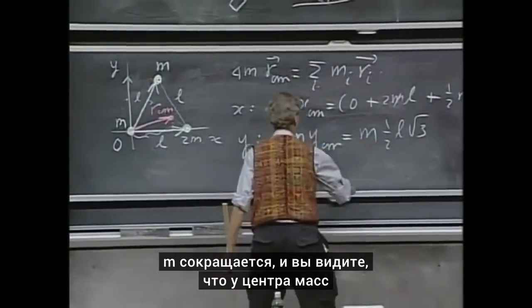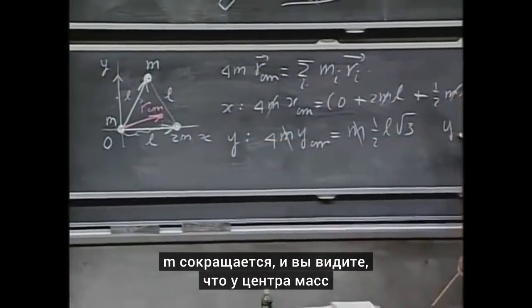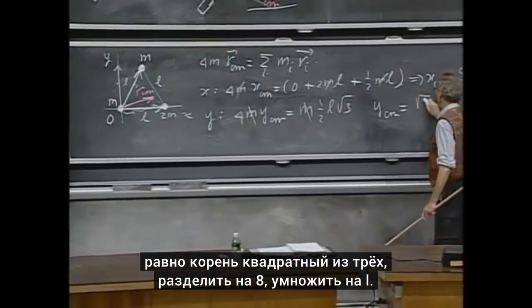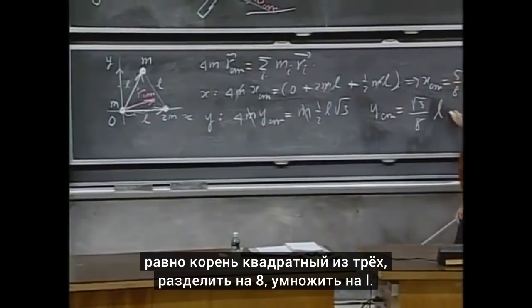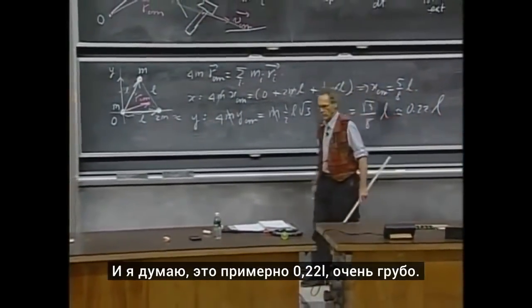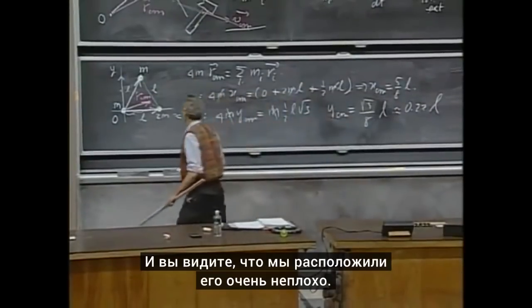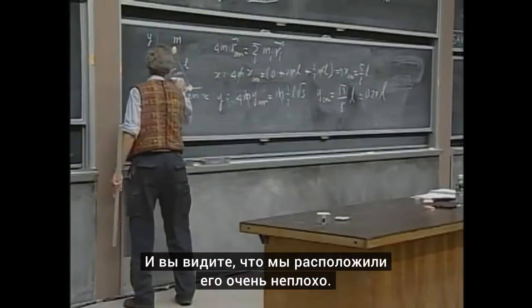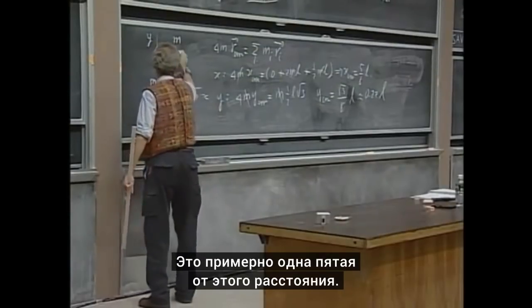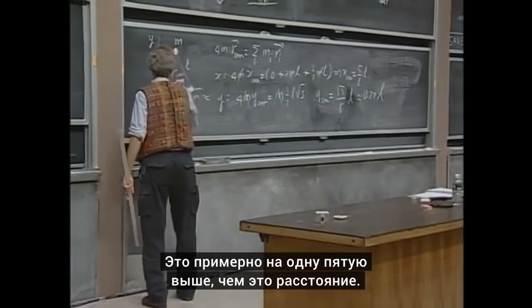And so you lose your m, and so you see that y center of mass then becomes the square root of 3 divided by 8 times L. And I think that's about 0.22 L very roughly. Yes. And so you see that we didn't put it in so badly. It's about 1/5 higher than this distance.